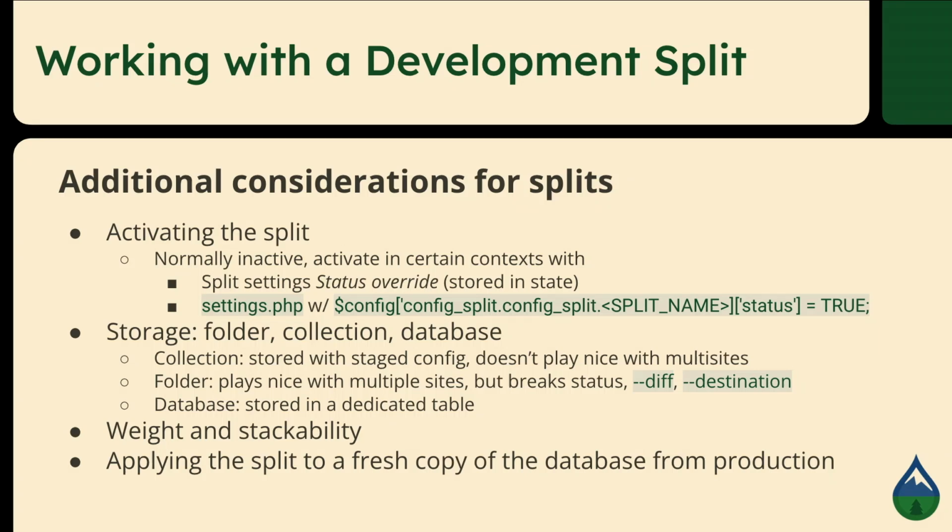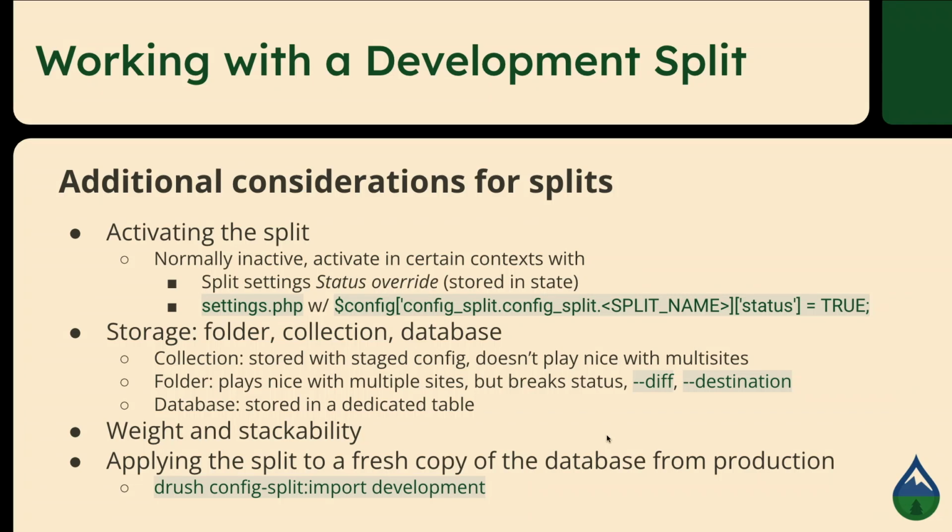If you pull that down from production and export it, since your development split is active, but the database you have doesn't have that development configuration set, when you export, the exported development configuration will be wiped out, which is annoying. The solution for that is to use config split import and then your development split before exporting configuration.